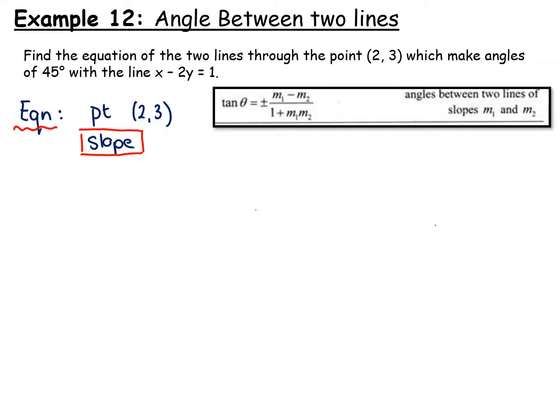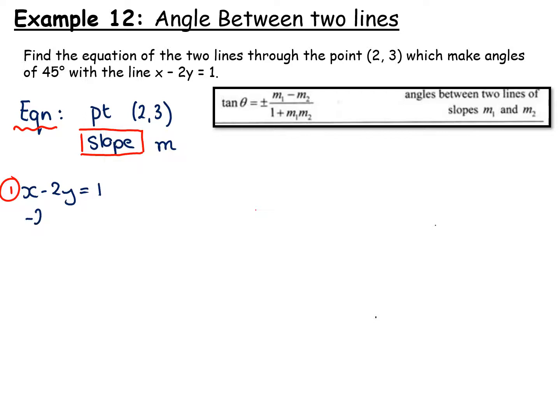Because I want two different lines, I'm going to have two different slopes. We're going to take the slope that I don't know and we'll just call that m. The other equation, which is x minus 2y equals 1, I'm going to call that equation 1. It doesn't matter if you call it equation 1 or 2, but since we've only one equation, it makes more sense to call it 1.